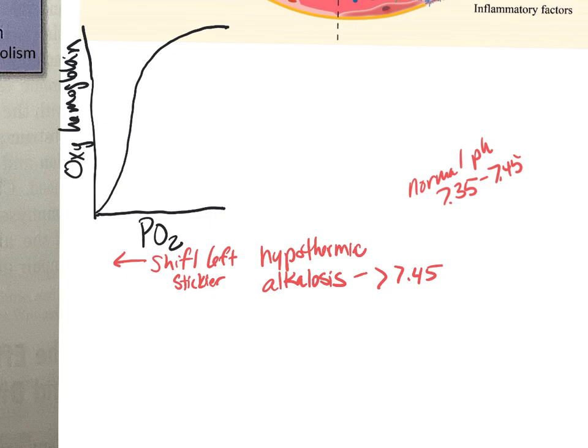We can also see it because severe vomiting, hyperventilation are going to cause alkalosis. That might be where you'd see it. So hyperventilation, severe vomiting, dehydration.